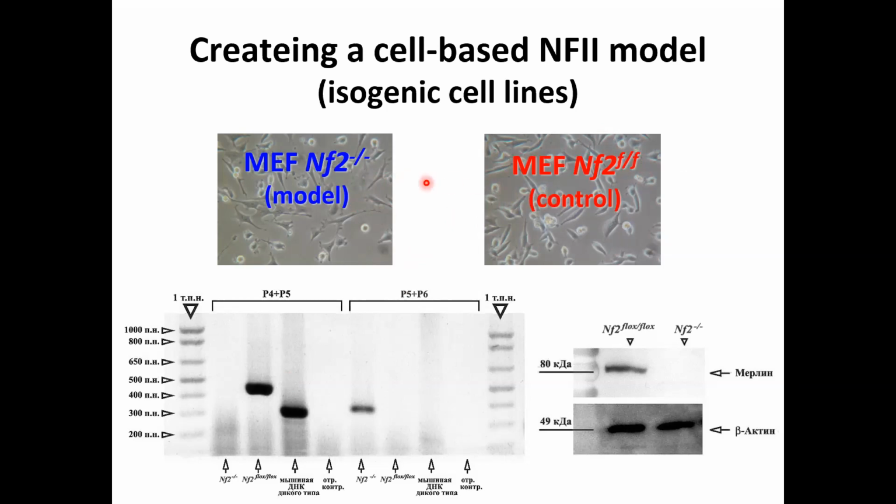So all the findings in the studies that were performed on this model were definitely defined by the absence of this single NF2 gene. You can see that we lost the Merlin expression in our model cells, NF2 minus cells, and that's also the PCR confirmation that the gene was excluded.